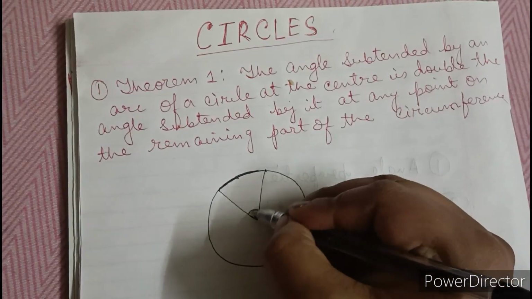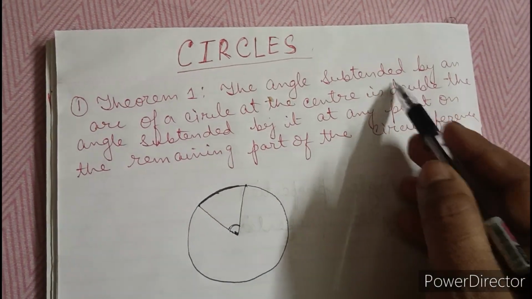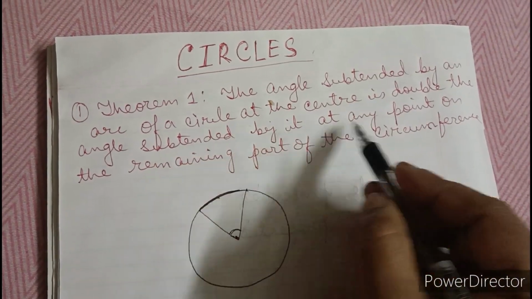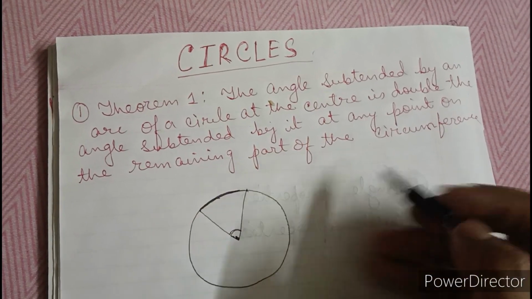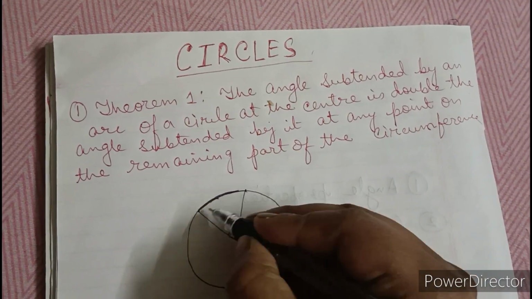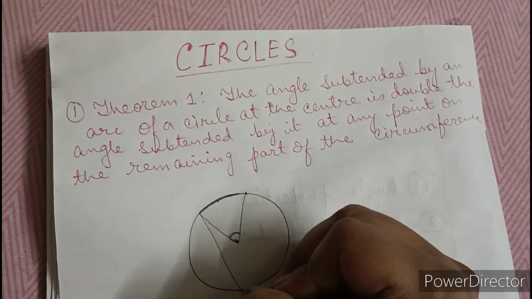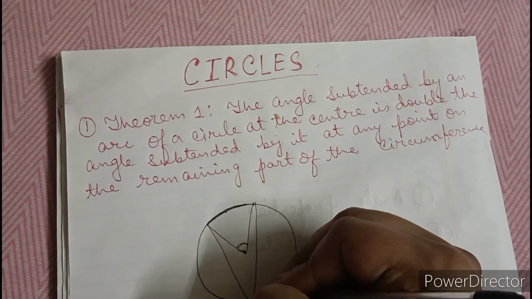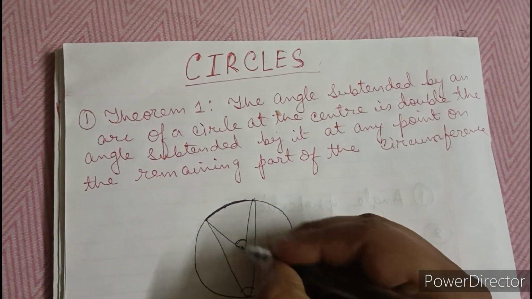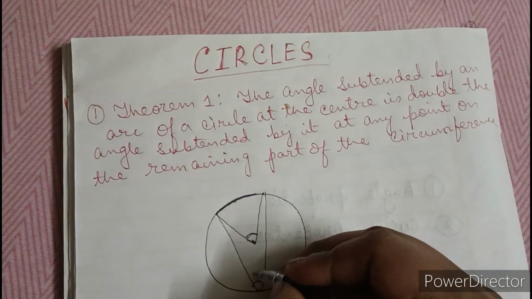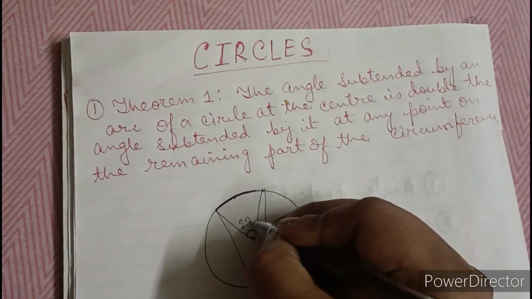This angle is double the angle subtended by it on any point on the remaining part of the circle. If this part of the arc is making another angle on the circle, then this angle and this angle have some relation. That is, if this is x, this will be 2 times x.